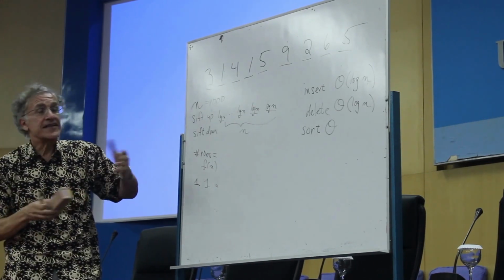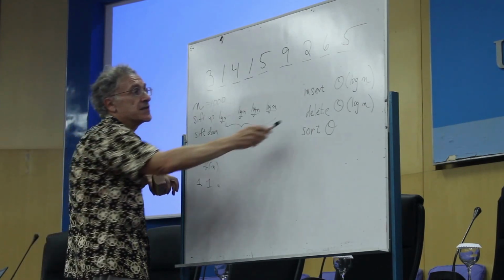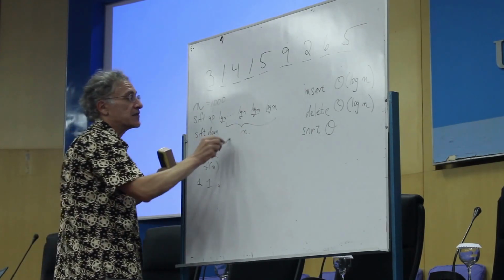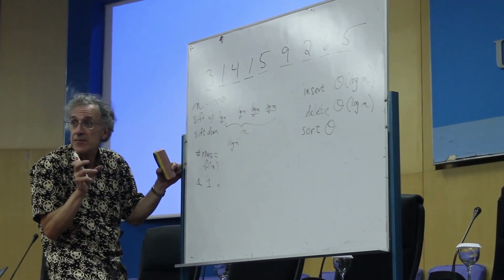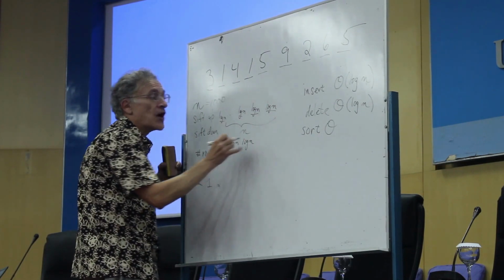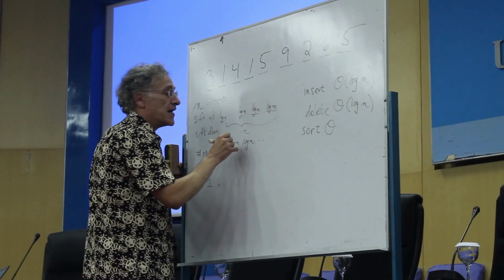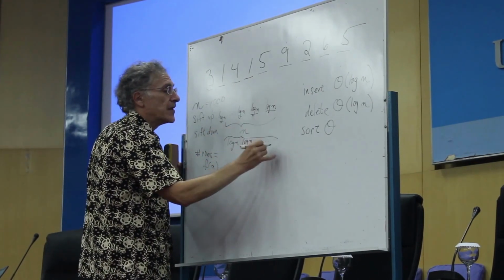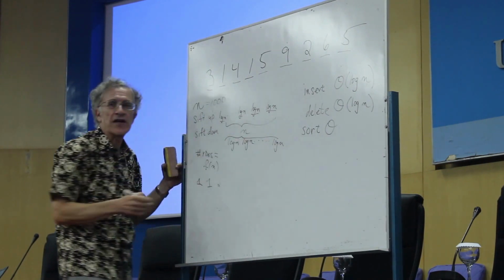And now, as I take elements out of the heap, the first delete certainly costs log n, but now it is a little bit smaller, my heap. So the next delete is also log n, and I must delete n times. And the last one only costs 1, but I will call it log n also.